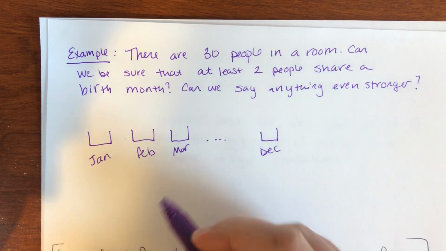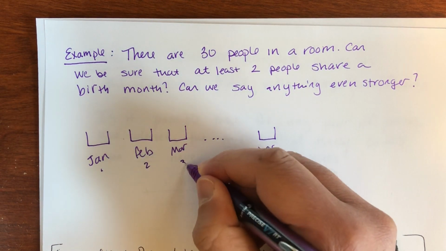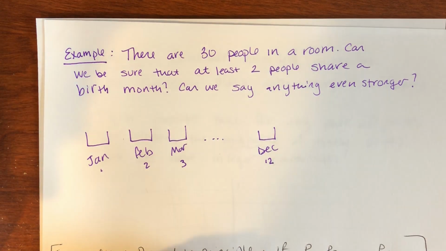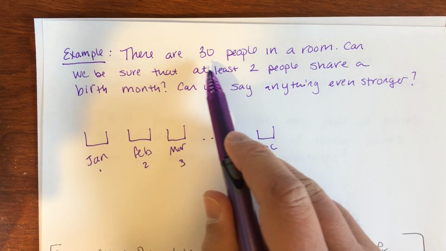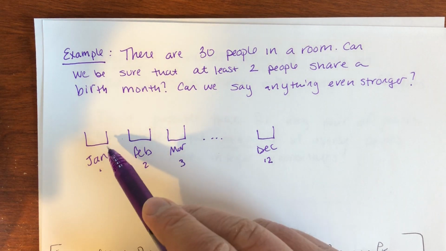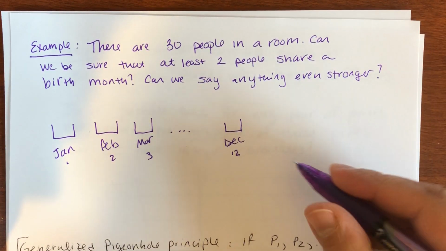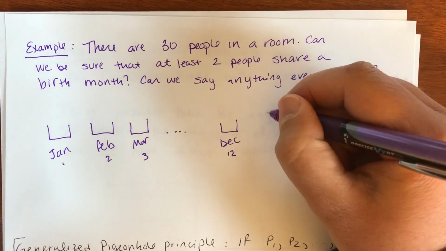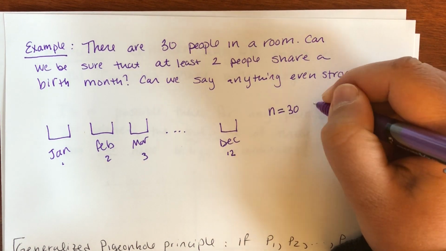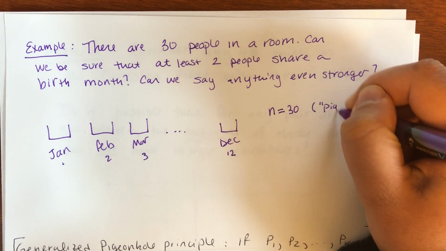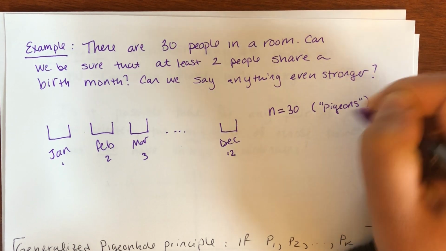And so the number of pigeonholes, of course, is 12. It's the number of months. The number of pigeons, the things that are being divided, is 30, because those are the people that are coming into the room. So the question that you need to ask yourself is, are there more pigeons than there are pigeonholes?